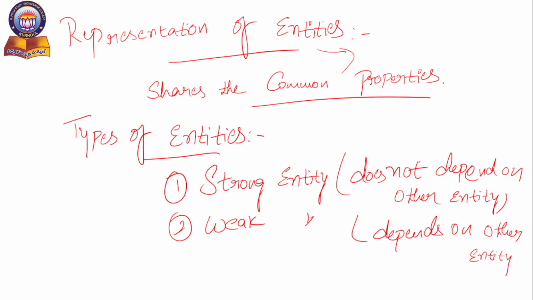Why we are telling like this: a strong entity doesn't need any other entity, it doesn't need any other's help. A weak entity depends on another entity, it needs some help from another, like in a real-time example.